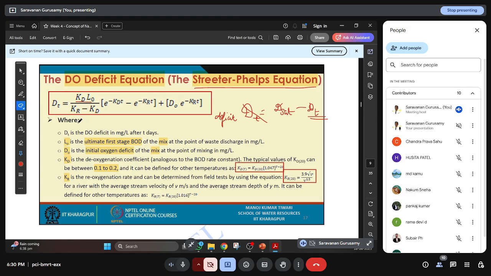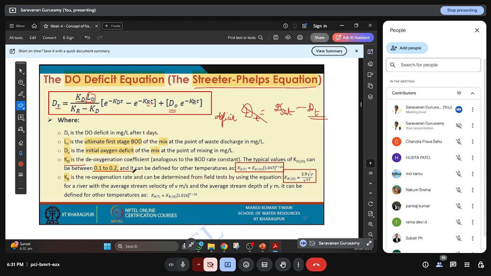We have a deoxygenation constant, we have a reaction constant, and how much BOD we are giving in. Again, e power minus KDt minus e power minus KRt, with the reoxygenation constant and the time. That time we need, in 1 kilometer or 1 minute or 1 hour, so we can add that here. Again, D naught is your initial DO. If it is not given, you can take the saturated DO as our initial DO, times e power minus KRt. This is the formula given by Streeter-Phelps, so it's called the Streeter-Phelps equation.